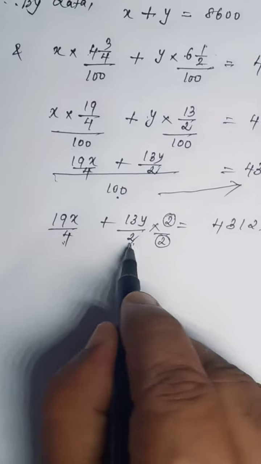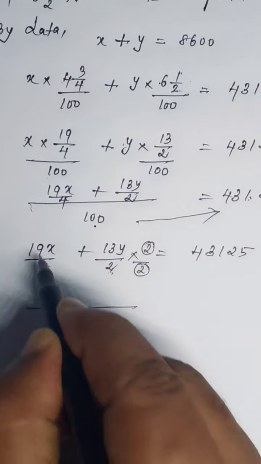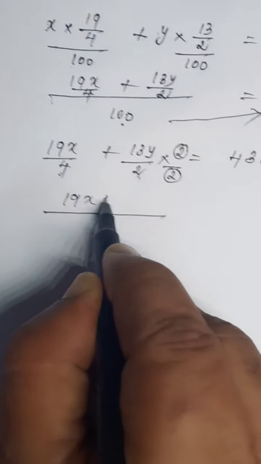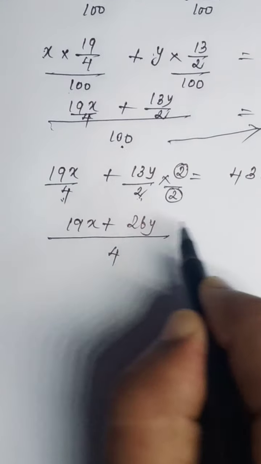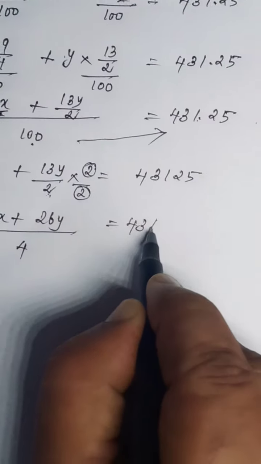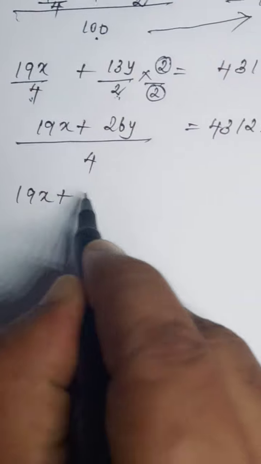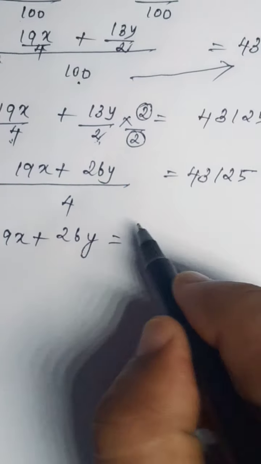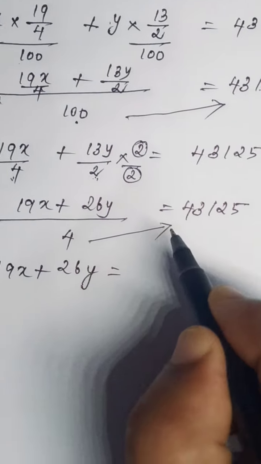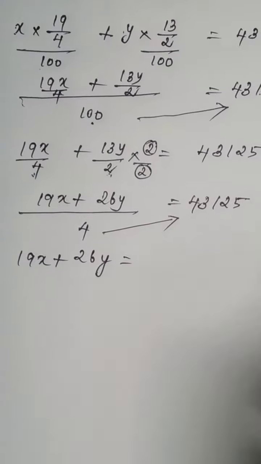Now here 4, here also 4. Now what's the common denominator? 4. Now write the numerators as it is: 19x, 13y into 2 is 26y, that is equal to 43,125. Now 19x plus 26y, that is equal to, you have to cross multiply. If you cross multiply, you will be getting 1,72,500.